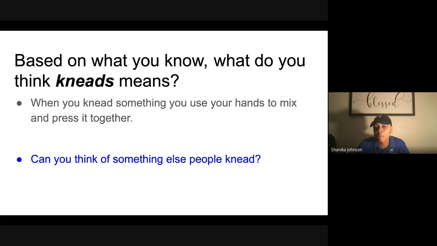What is something else people might use their hands to mix and press together? I'll give you a hint of something that I'm thinking about. You eat it and it comes with cheese and sometimes pepperoni. Yeah, pizza. At the pizza shop, they knead the dough so that it's flat so that they can put the cheese and the pepperoni and the sauce on it.